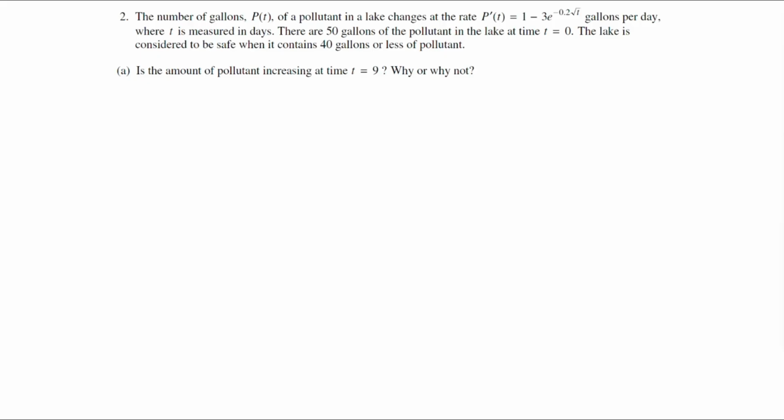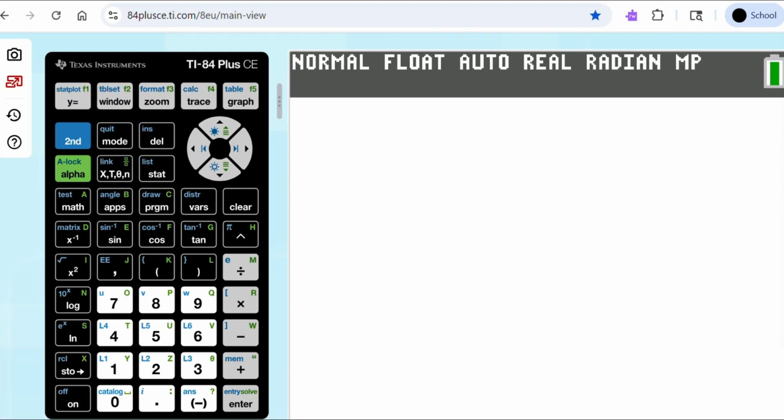We want to know, is the amount of pollutant increasing at time t equals 9, first of all? Well, the amount is the P function, so to find out if P is increasing, we just need to find P prime at 9. This is a calculator question, so we'll go into our calculator and evaluate P prime at 9.